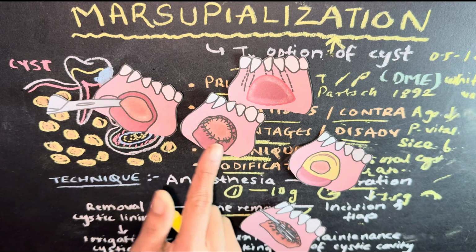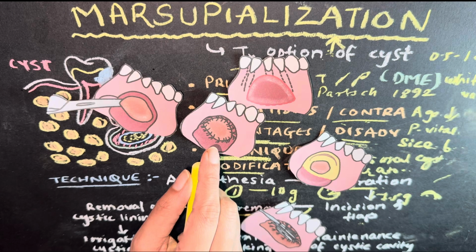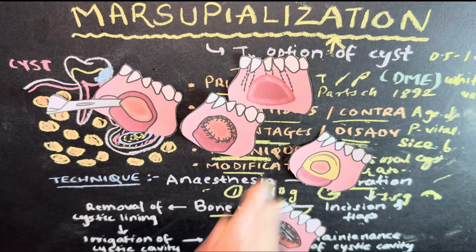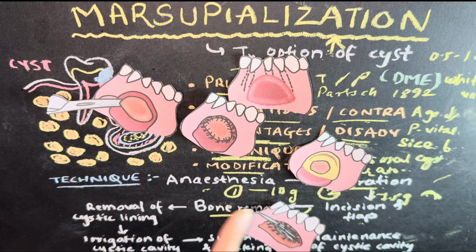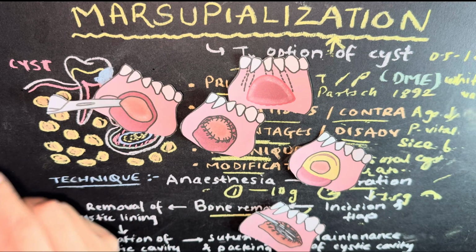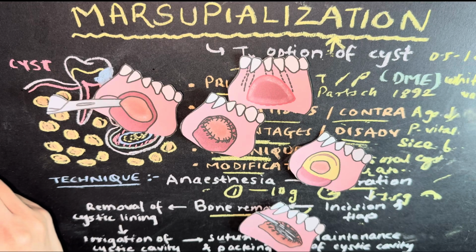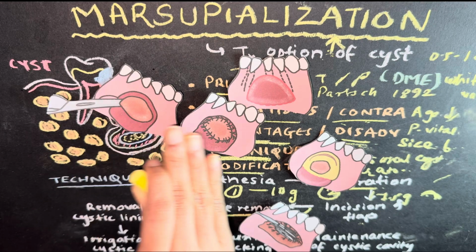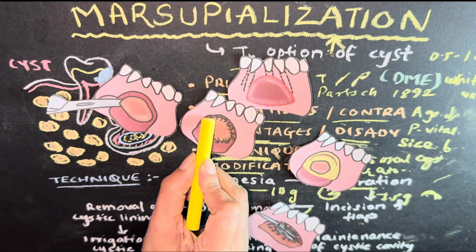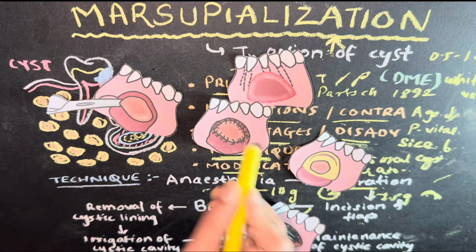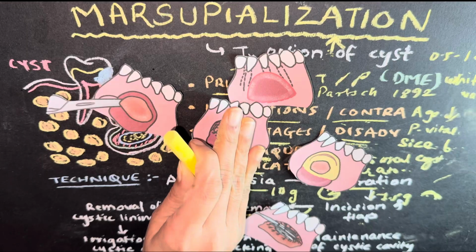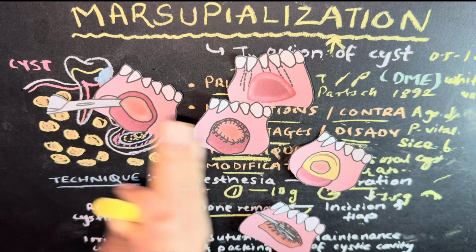In fact, we are going to keep this open so that the complete cavity is closed or obliterated with the bone. With the help of non-tooth forceps, ribbon gauze is first laid along the floor of the cavity, and then you insert it in layers running from side to side.